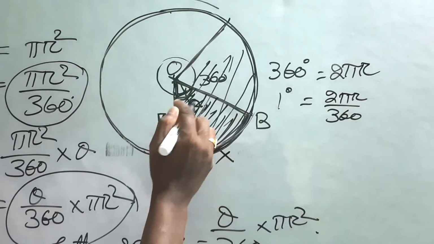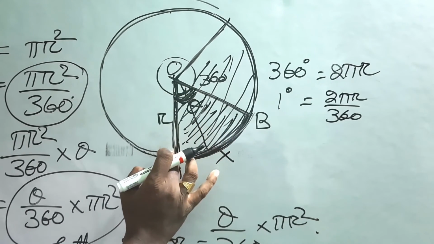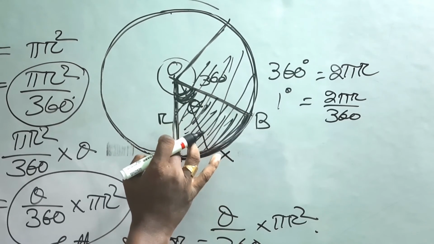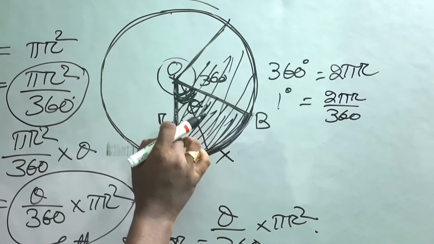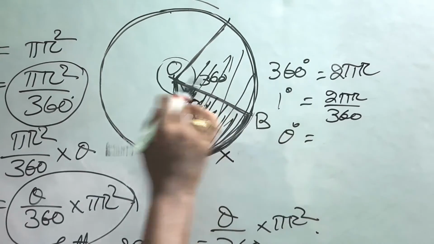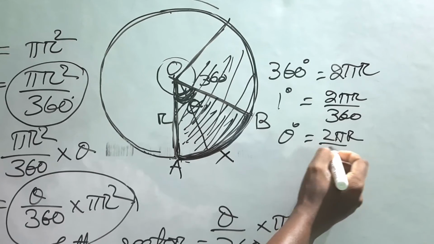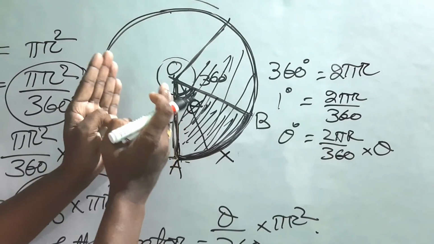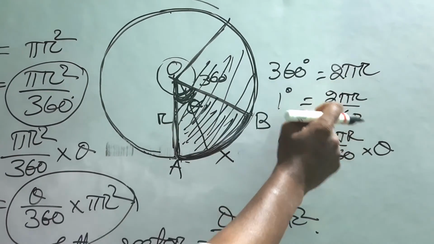Similarly, if the angle made by this radius from this position to this position is theta, then when the angle is theta degrees, the length of the arc will be 2 pi r by 360 into theta. Because when this radius sweeps 1 degree angle, the length of the arc becomes this.